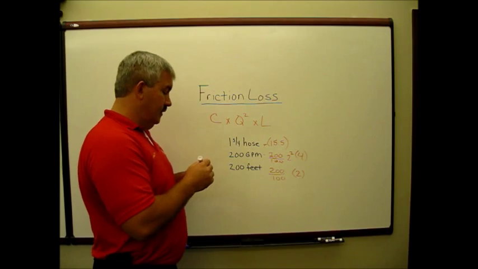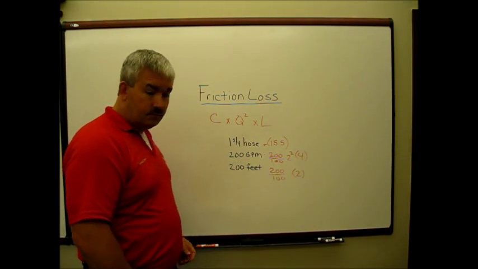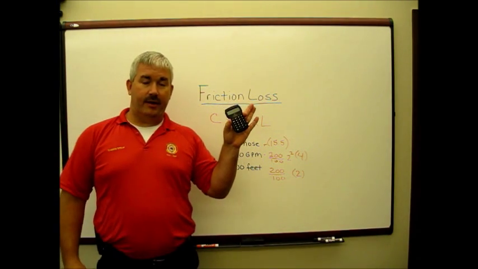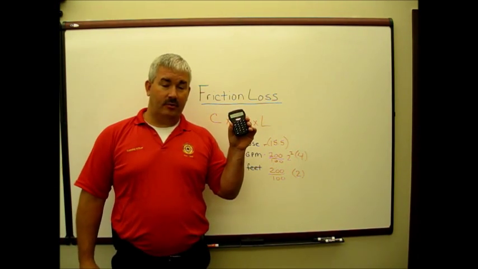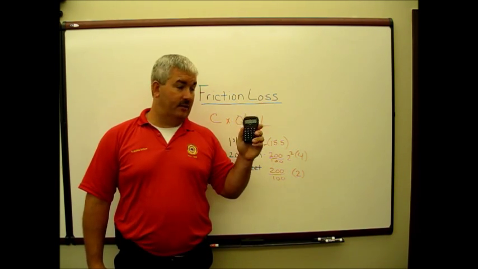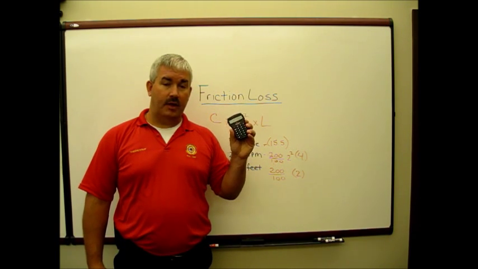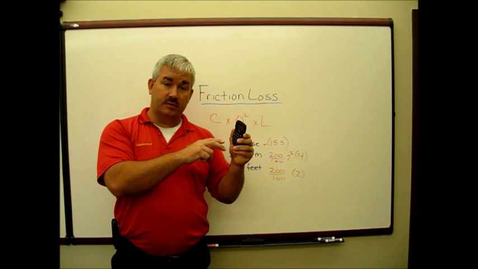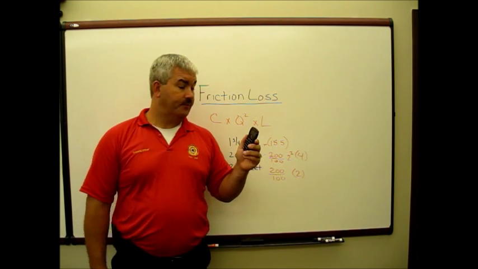Then what we do, we take our little cheap calculator. You don't have to go out and buy a $100 calculator to figure this up. As a matter of fact, this calculator here costs $1. As long as it has all the numbers and the buttons that you need on it, you're good.